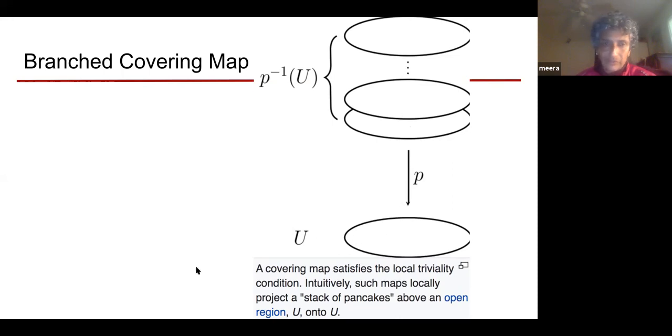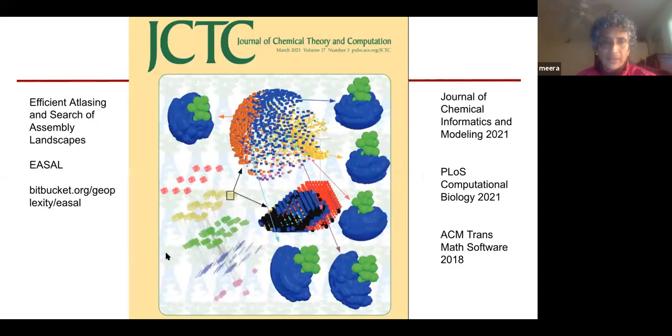So here's where we look for the solutions. I just wanted to mention that we have a similar idea for molecular modeling. Here there's a picture. This was on the cover of the Journal of Chemical Theory and Computation just in March. Essentially this is our convex configuration space. This is the covering map.